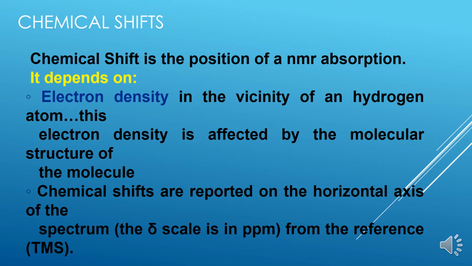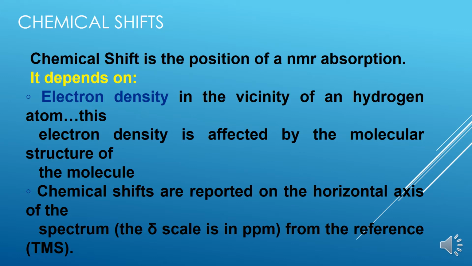One can thus distinguish de-shielded protons and shielded protons. Normally, de-shielded protons have less electron density and shielded protons have more electron density. So we have to look into the electron density in the vicinity of the hydrogen atom.